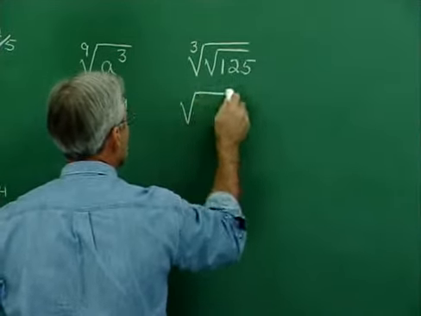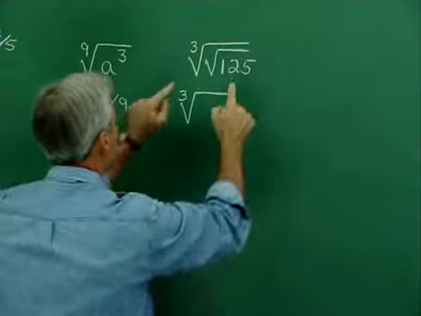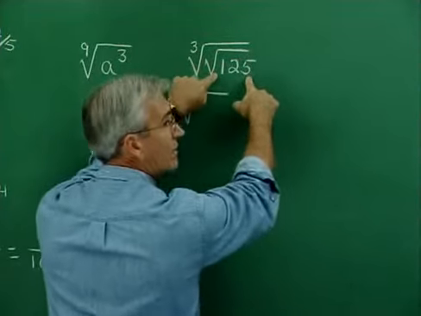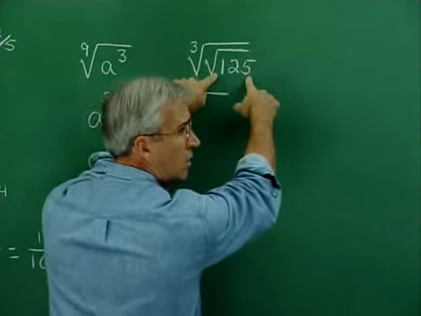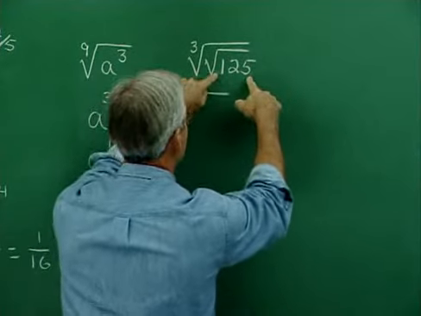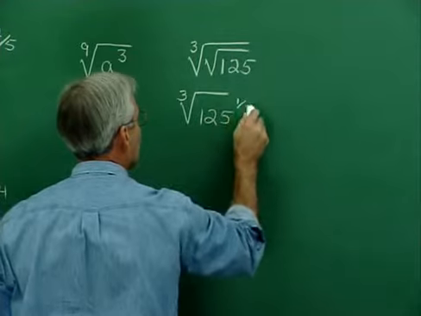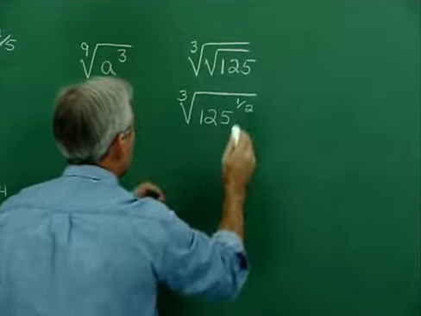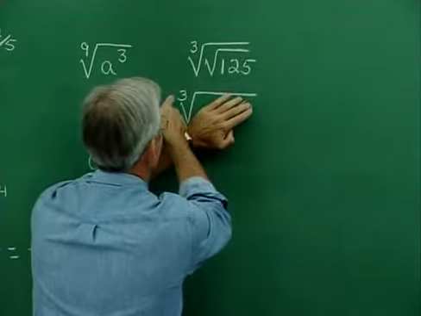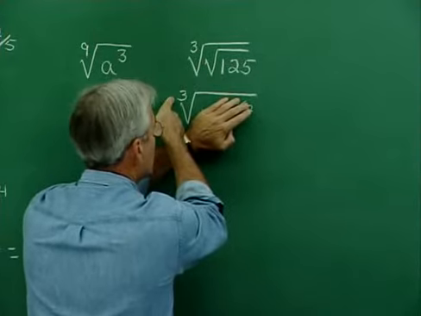We can think of this as the cube root of, now, think of the square root of 125 in the form of a fractional exponent. This is really 125 to the 1/2. And now think about this. This cube rooting business indicates a fractional exponent.